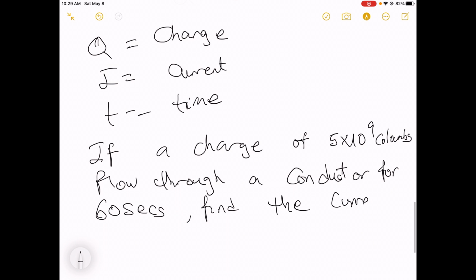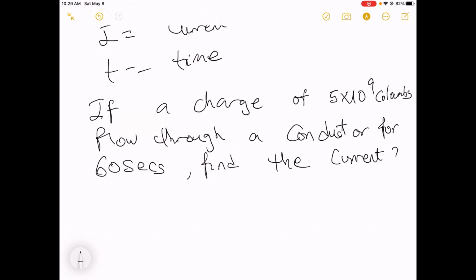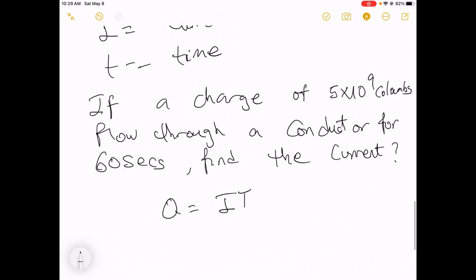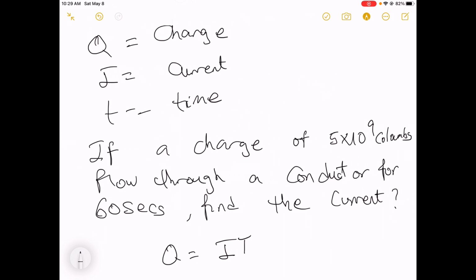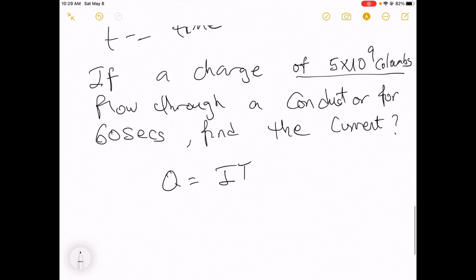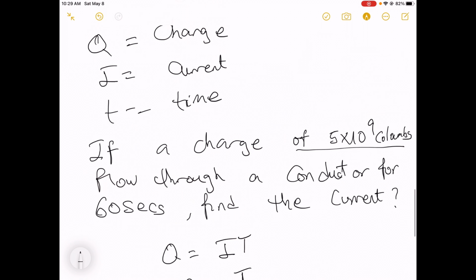This is quite a very simple question. We know our formula to be Q equals IT, and we were given the charge, which is 5 times 10 raised to power 9. We are looking for I, which is our current.